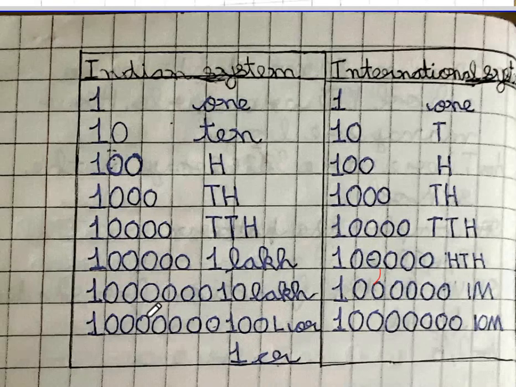And 10 lakhs, which will be having 6 zeros, will be termed as 1 million. So here they will be writing this as 3, 3. And 100 lakhs or 1 crore, which has 7 zeros, will be termed as 10 million in the international system. And it will be like this split.